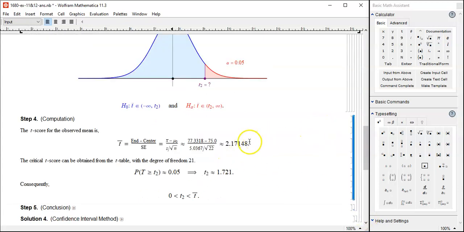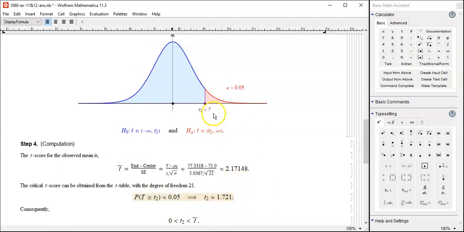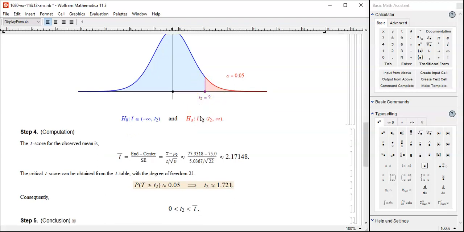The computation: calculate the t-score for the observed mean, x-bar minus center over SE, we get this value. And then from the same t-table, we get the t-statistic, which corresponds to the critical t-statistic here, highlighted in purple, and then compare. Greater than 1.7 something, that means really far away, red region, so alternative wins.